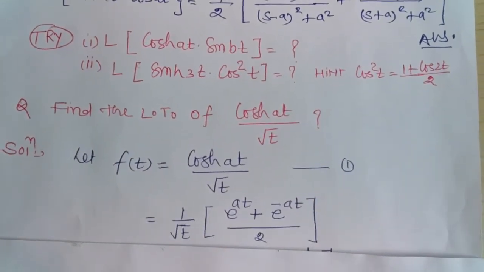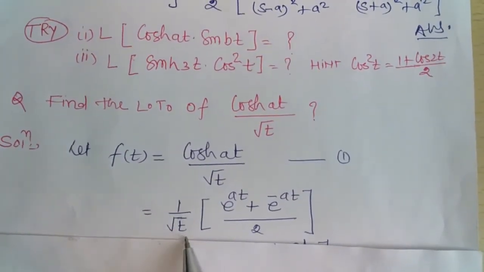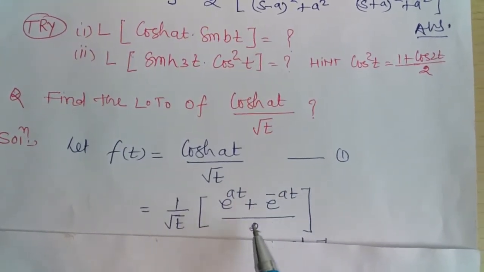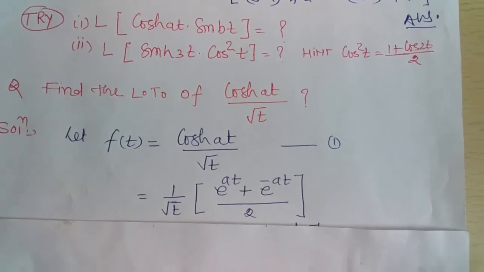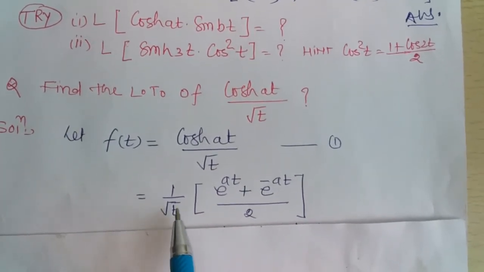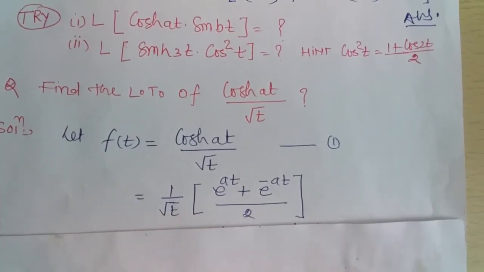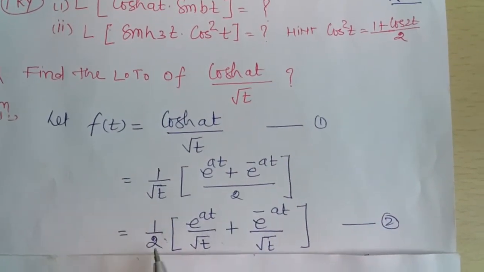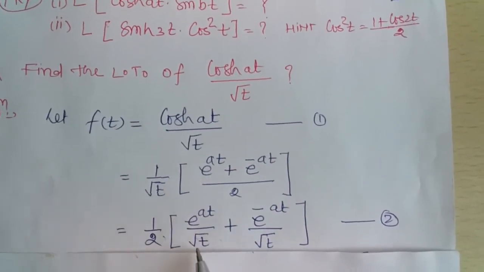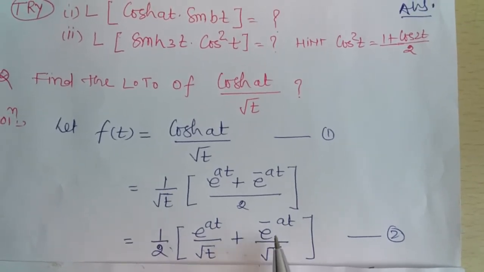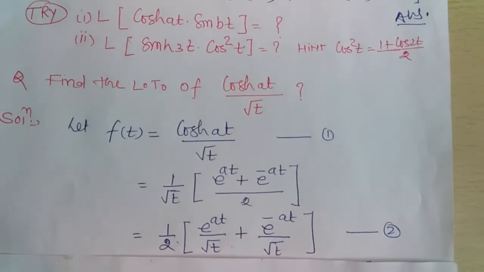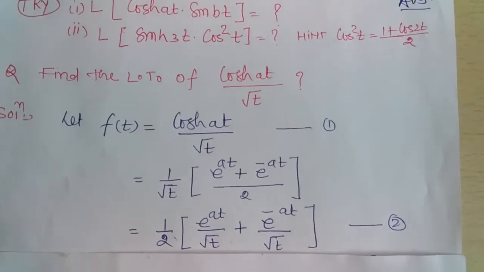So we get 1 upon root t into (e raised to at plus e raised to minus at) by 2. Now we multiply 1 upon root t inside the bracket and we get 1 upon 2 constant into [e raised to at upon root t plus e raised to minus at upon root t]. So this is our expression f(t), and we have to find its Laplace transform.